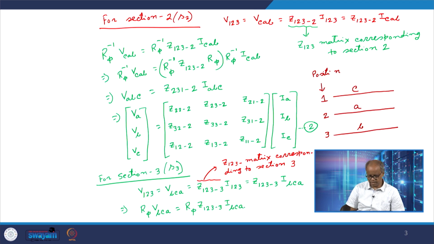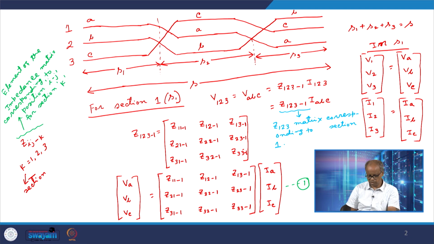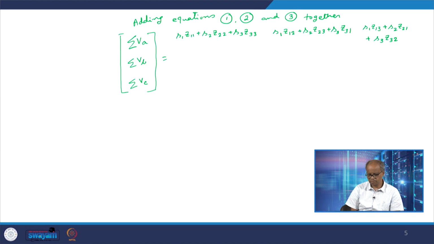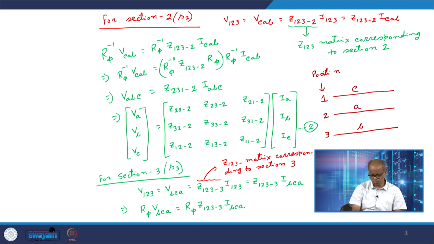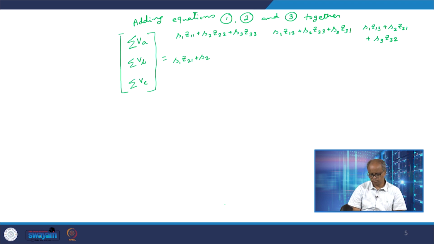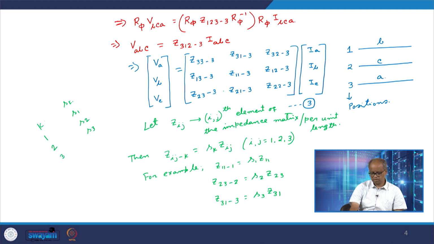This one would be S1 into Z21 plus S2 into Z32 plus S3 into Z13.